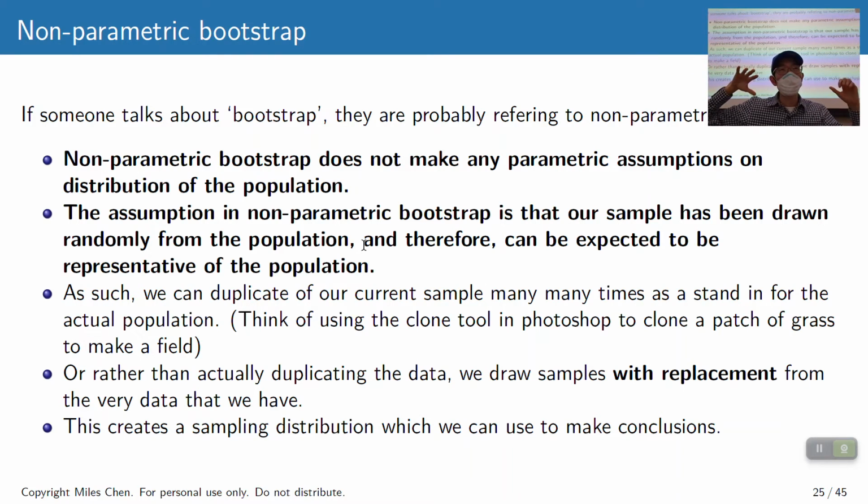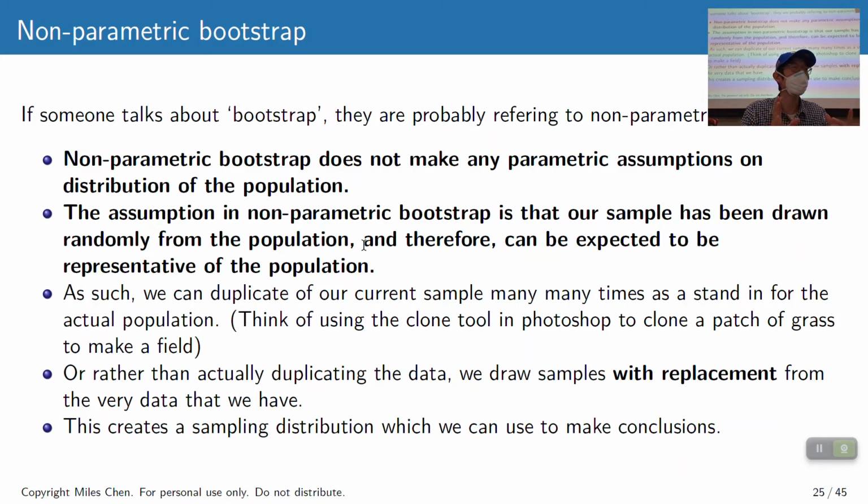It's kind of like in Photoshop, there's this rubber stamp tool. If you have a patch of grass, you can copy this patch of grass and paste it a whole bunch of times, and you can create this whole field of grass. The idea being that when you look at this patch of grass, it should be representative of all fields of grass, and therefore I can just copy and paste it, and it's going to look like a big field of grass.